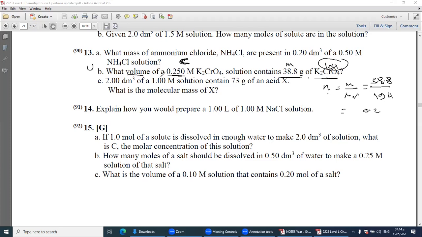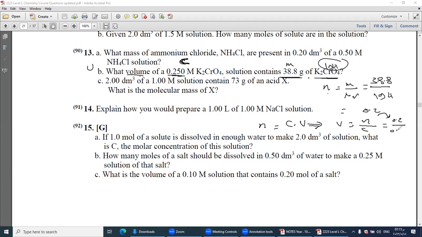After we calculated the number of moles, what do we want here? Volume. So number of moles equals concentration multiplied by volume. So volume is equal to number of moles over concentration. Number of moles is equal to 0.2.